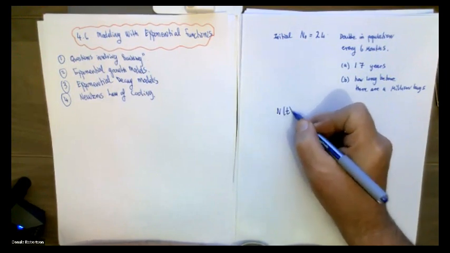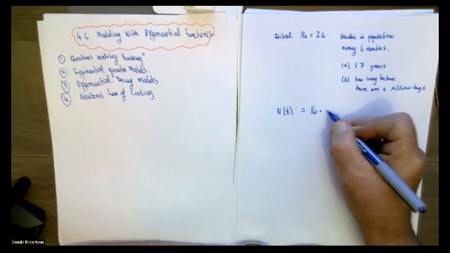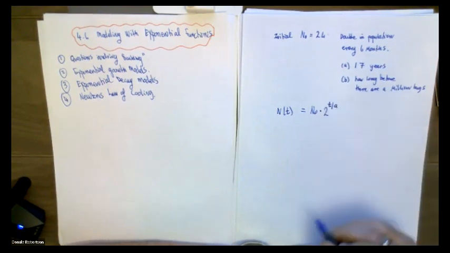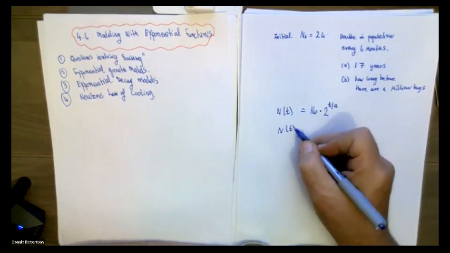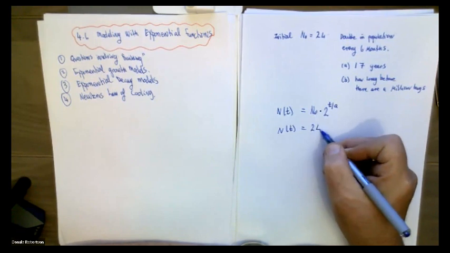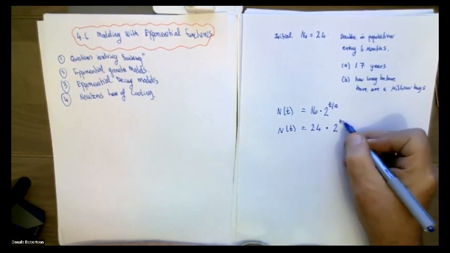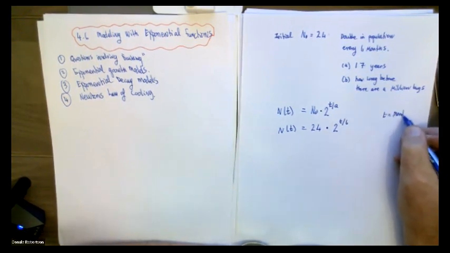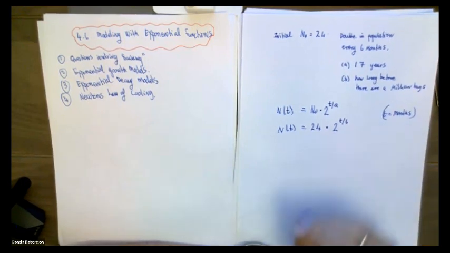N of t is n naught times 2 to the power of t over a. Now, in our story, there were 24 bugs times 2 to the power of t over 6. And let time be in months.